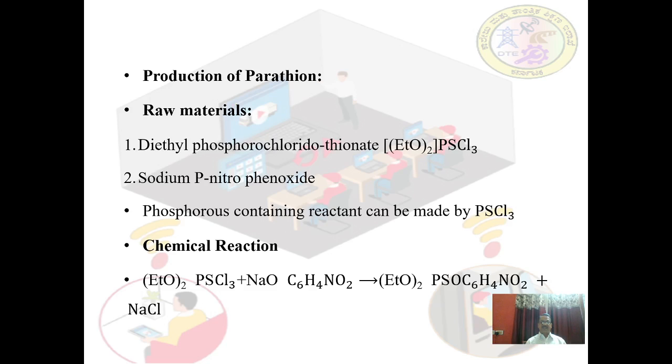The reaction is (EtO)2PSCl, that is diethyl phosphorochlorothionate, plus NaOC6H4NO2 gives parathion, that is (EtO)2PSOC6H4NO2, plus NaCl. This is the reaction taking place in the production of parathion.